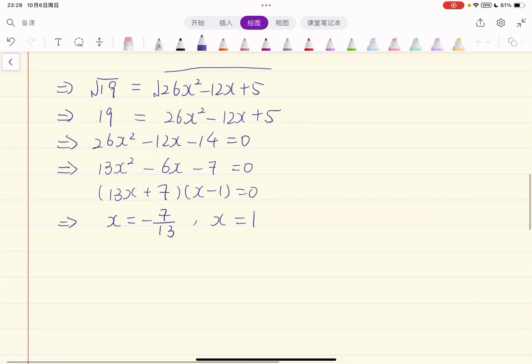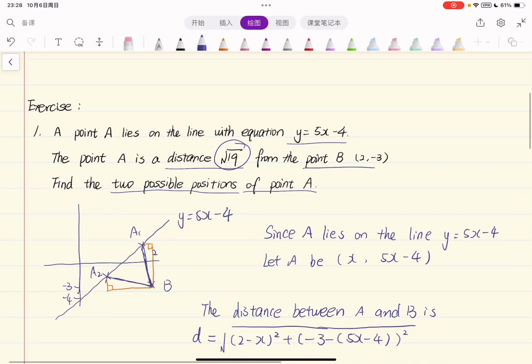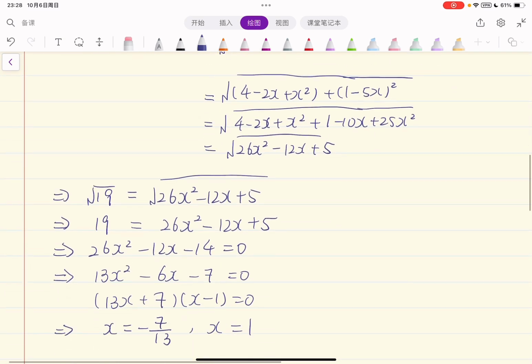So we have the first condition, if x equals to minus 7 over 13, the y coordinate of A, that is y equals to 5 times the value of x minus 4.